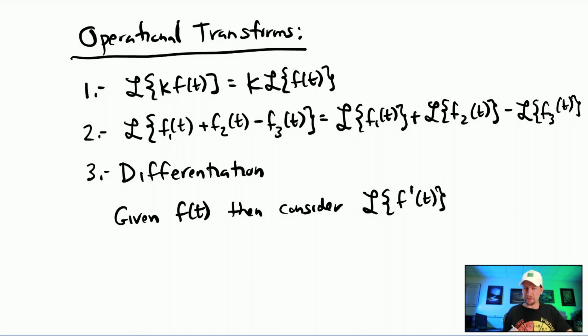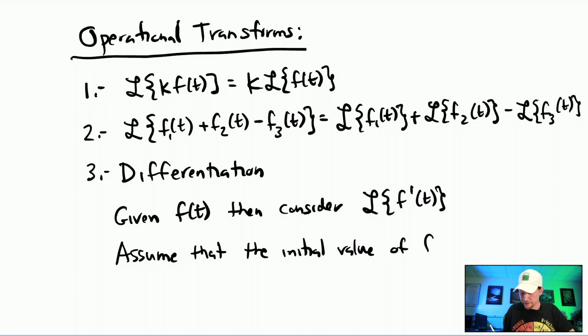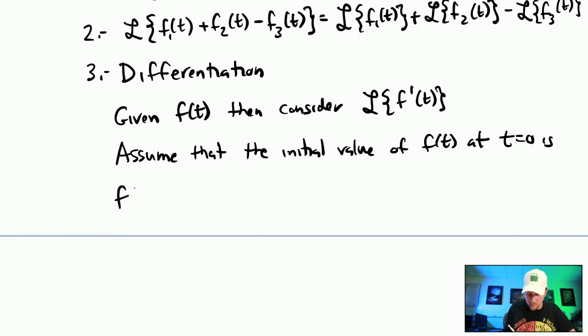There is an extra piece of information that we need. We need to know what the initial condition is. So we're going to assume that the initial value of f of t at t equals 0 is f of 0.